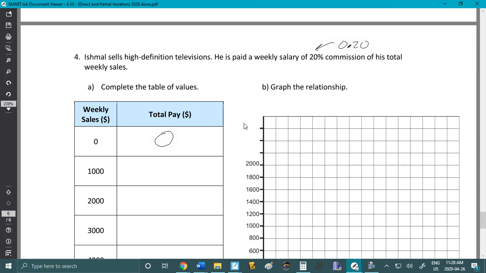So my sister used to work a commission job. I think a lot of car salesmen work commission. Real estate agents work commission. It's where they get a certain percent. 20% is a very high percent, but they get a certain percent of what they sell. So that's why salesmen sometimes can be, people would say, pushy, because they really want you to buy something, because if you buy stuff, they get more money.